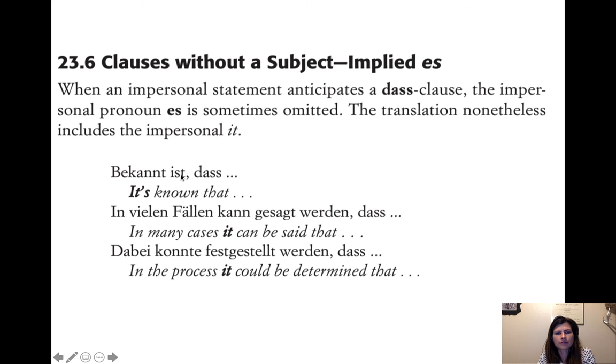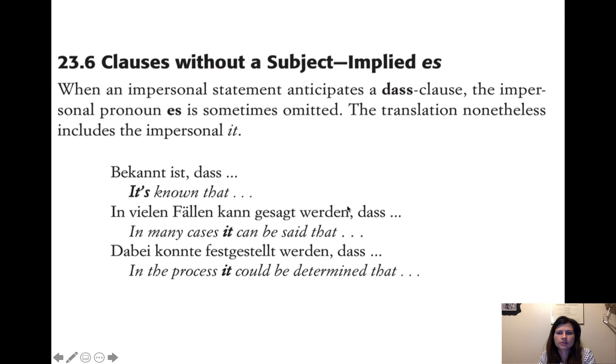Yeah, so very often, if you're going to have some sort of little statement here, and then you're going to start a clause with dass, then you just say, known is that, and so in English you wouldn't say known is, you would say it is known that. Yeah. In vielen Fällen kann gesagt werden, in many cases it can be said, but there is no it here, there's no es, right?